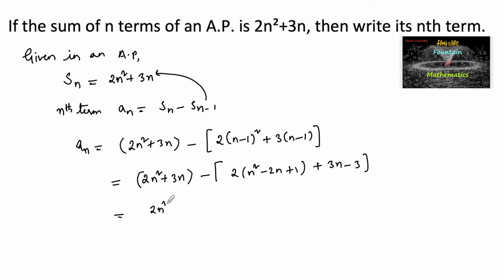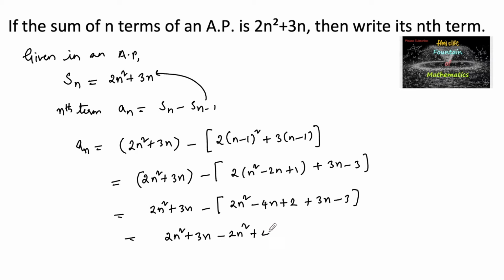We get 2n square plus 3n minus (2n square minus 4n plus 2 plus 3n minus 3). Let us remove the brackets: 2n square plus 3n minus 2n square, negative of negative plus 4n minus 2, and minus 3n, and minus of minus plus 3.